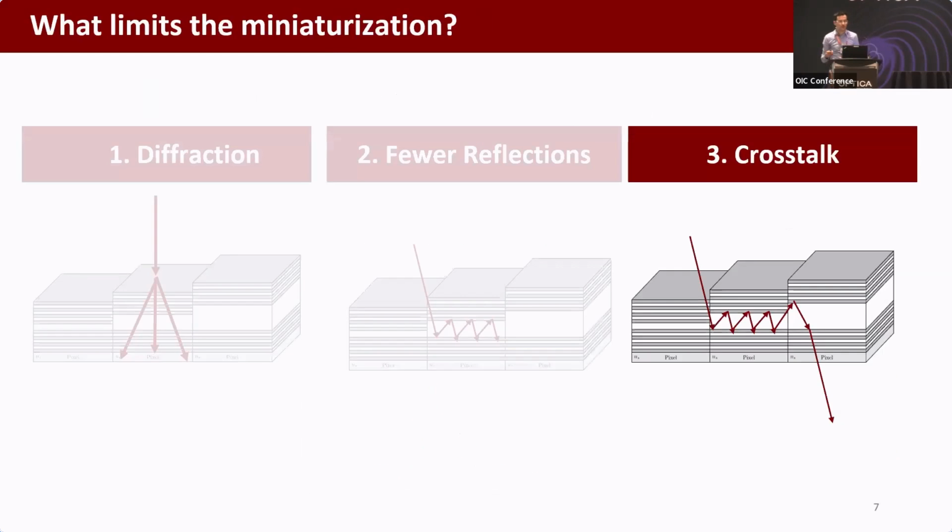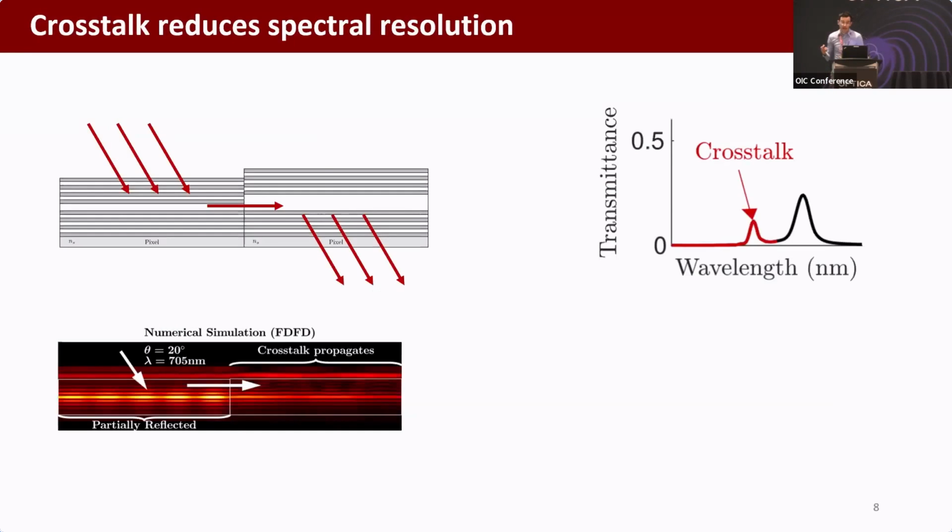Now, I also want to talk about a newly identified limitation for these patterned filters, which is a specific form of crosstalk, unique to patterned thin film filters. It doesn't happen with any other color filters in image sensors. What happens is that light can enter the wrong pixel. We have one filter here on the left, and light enters the Fabry-Perot filter, which now acts as a waveguide.